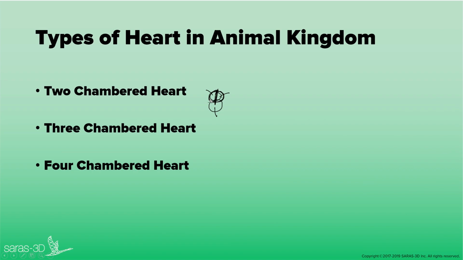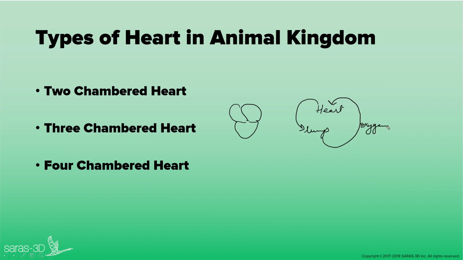Here the blood circulation is divided into two loops. In this kind of heart, there are two atria. From the heart, one loop goes into the lungs and gets back to the heart, and this is the oxygenated part, right?